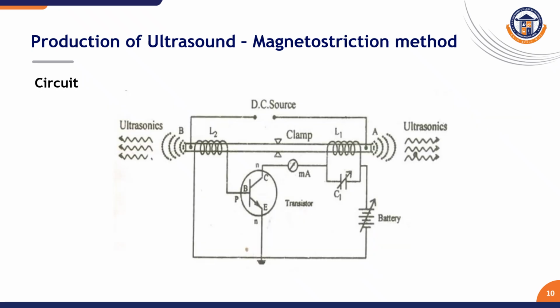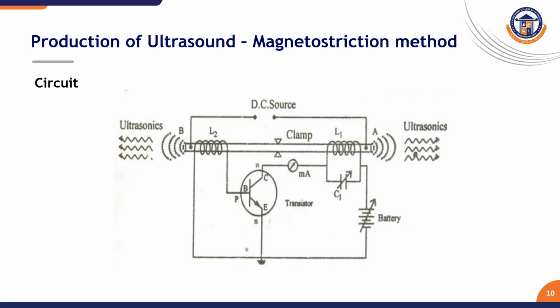The production of ultrasound by another method, the magnetostriction method. The construction of the circuit. In the NPN transistor, the emitter circuit is earthed. The base circuit is connected to the coil L2 and the negative of the battery, and the collector circuit is connected to the milliammeter, coil L1 and variable capacitor C1 and the positive of the battery.